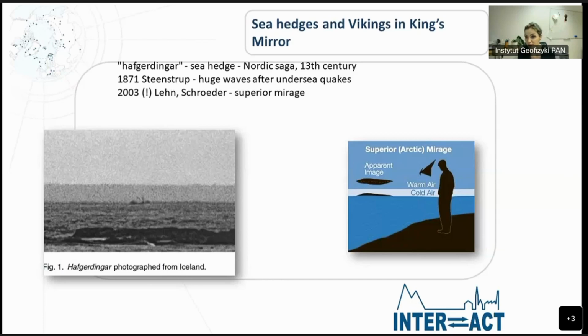But there are a few exceptions, and one of them is the so-called Havgerdingar. Havgerdingar can be translated as sea hedge. This is how the term is translated, and the sailors could be trapped, as they call it, in great danger, at great peril.